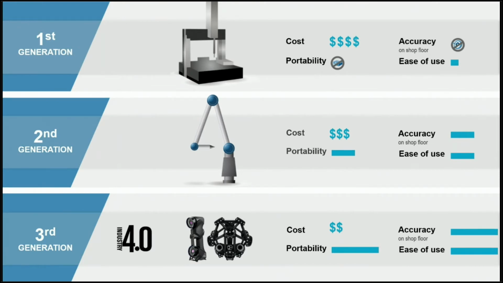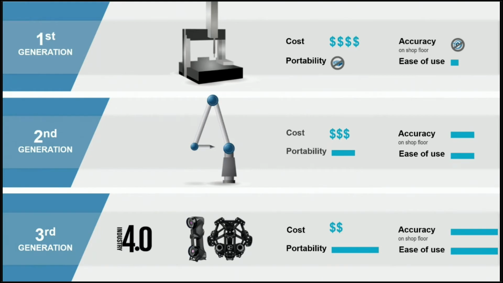Third generation inspection gets into scanning. And why is scanning catching on so quickly? It's catching on quickly because it's fast. It's highly portable. If you look at the first generation and second generation technologies, those technologies are not really portable. In other words, I can't take it out to a customer site. I can't use it out on the shop floor.